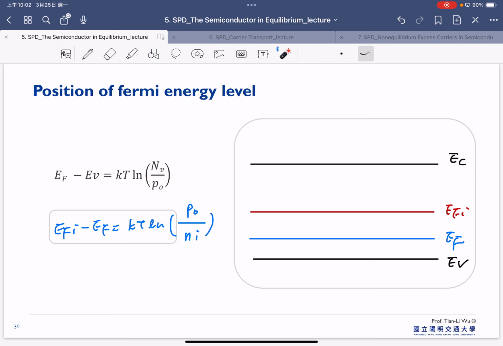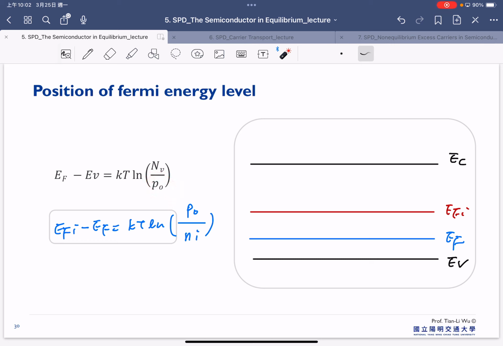That still makes sense, because the band diagram concepts already tell us that once you are close to the valence band, you should have very high hole concentration. And this can also be characterized by this equation: as this gets smaller, this term becomes larger.